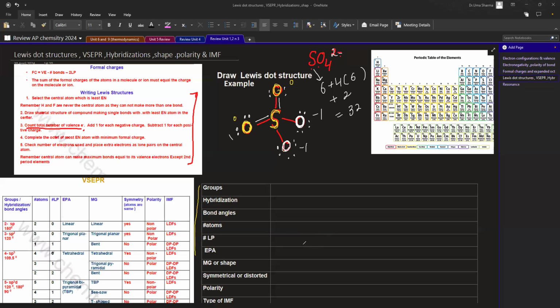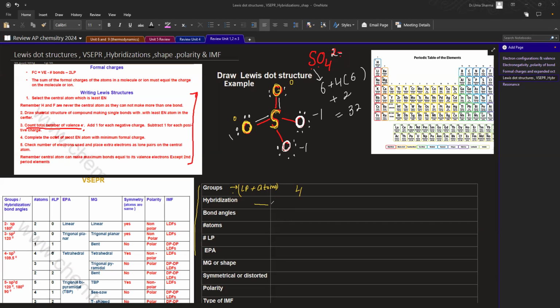Now we are answering these questions, children. We have made the Lewis dot structure of sulfate. Groups are the lone pairs plus atoms. So tell me, how many lone pairs and how many atoms are there around sulfur? Lone pairs and atoms on the central element. 4.